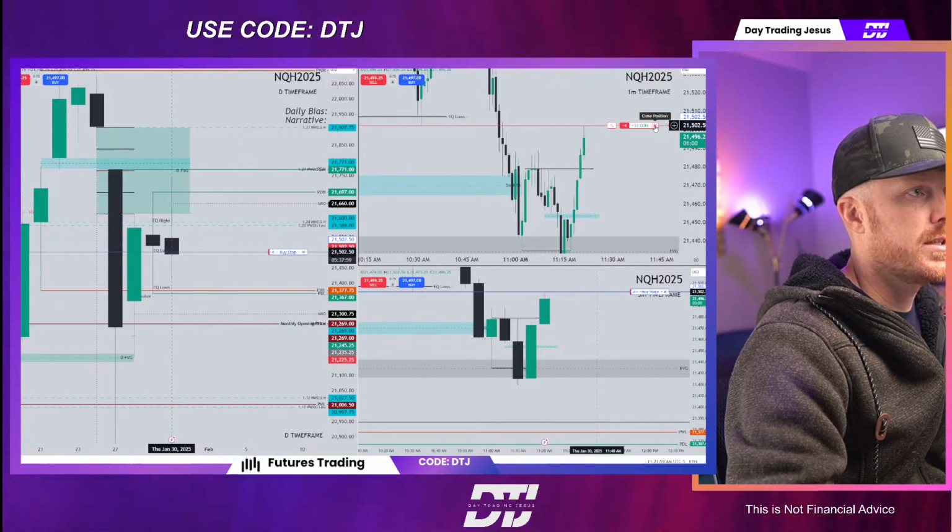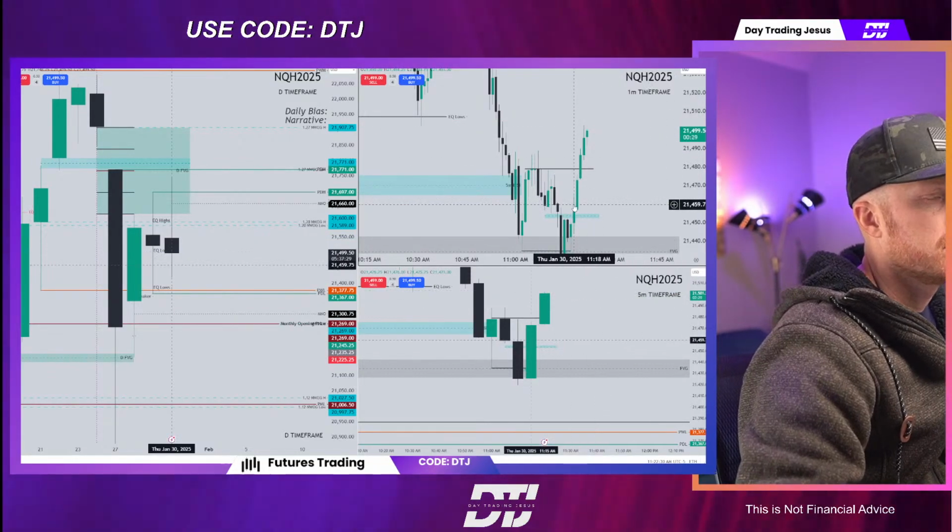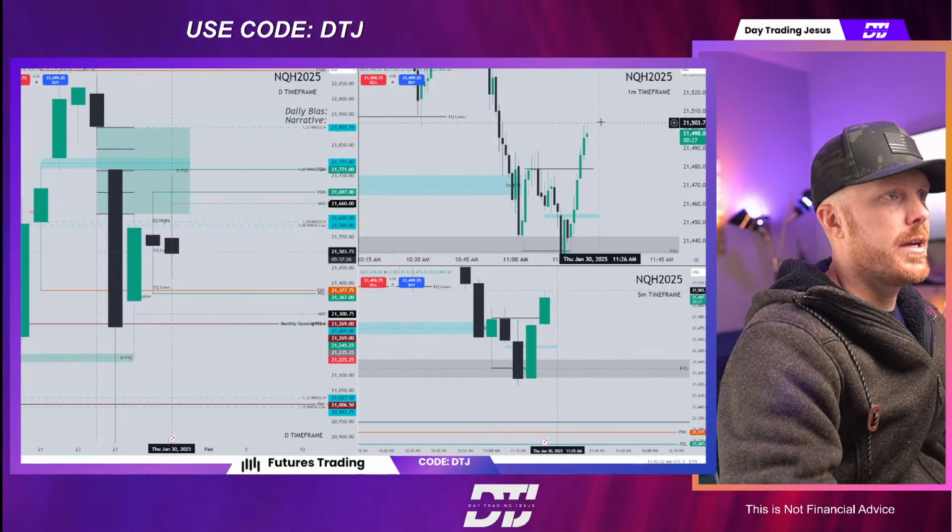We're looking for just 10 handles. Didn't give me 10 handles. It did retrace though.